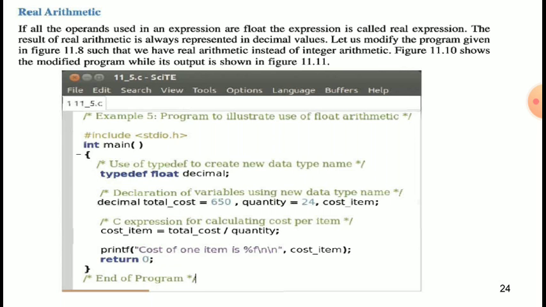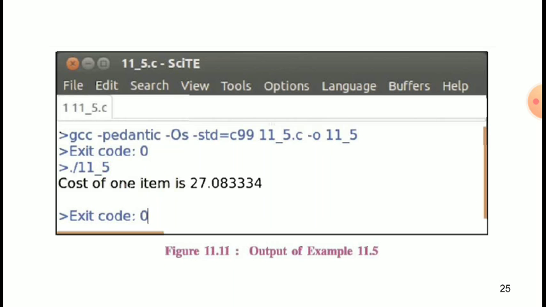So the output is a real number, that means a float. That means the cost of one item is 27.083334. So that is the use of float arithmetic.